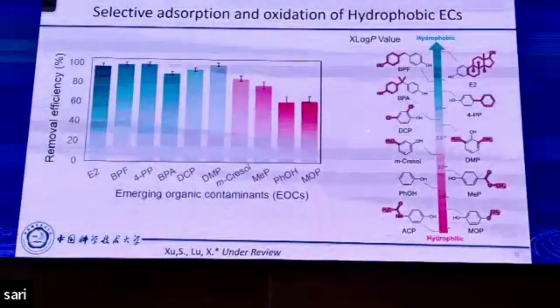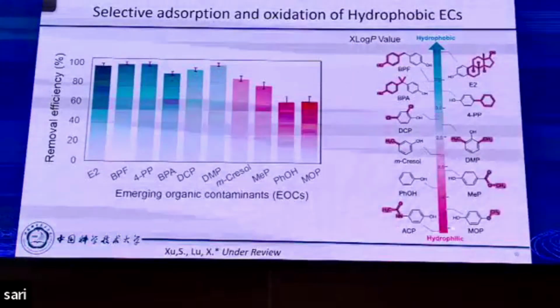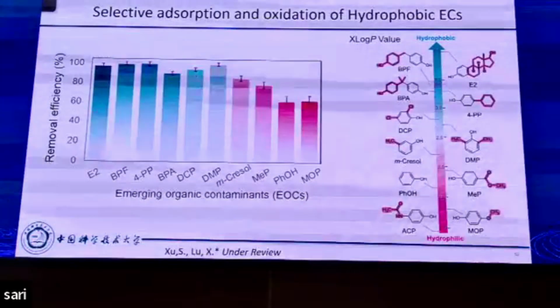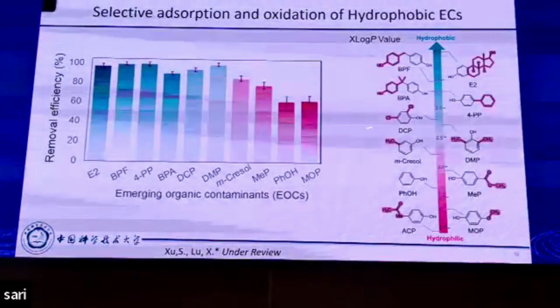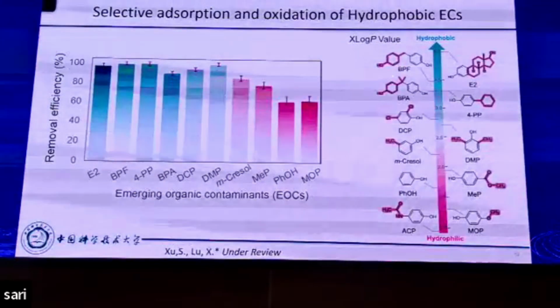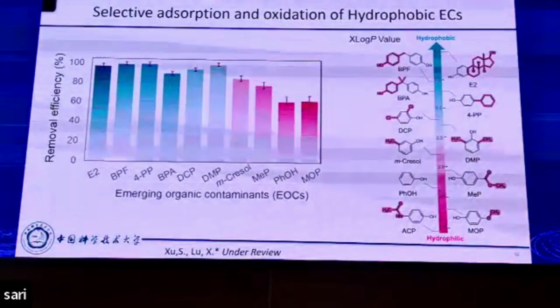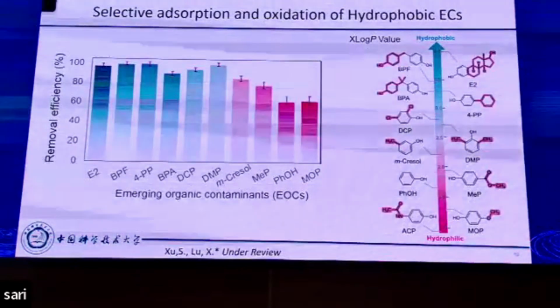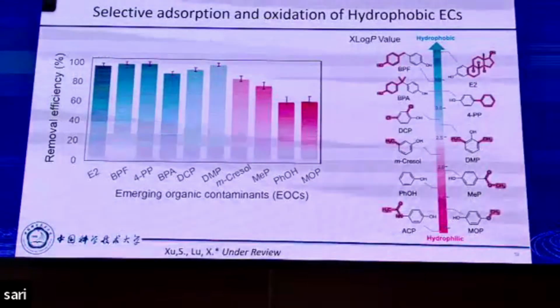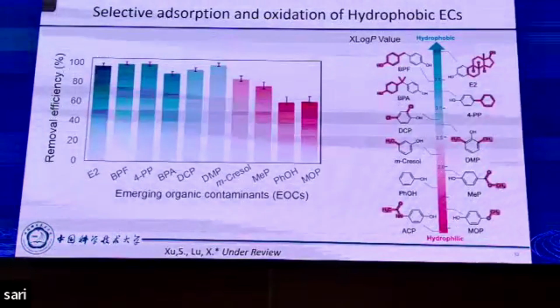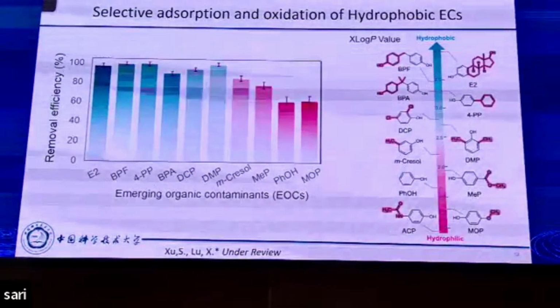If we plot their XLogP value along this axis, we can see that the molecules which can be effectively rejected are largely the molecules which have higher XLogP values. This is because these molecules are highly hydrophobic, so they tend to adsorb on the nanomaterials once they degrade on the surface.